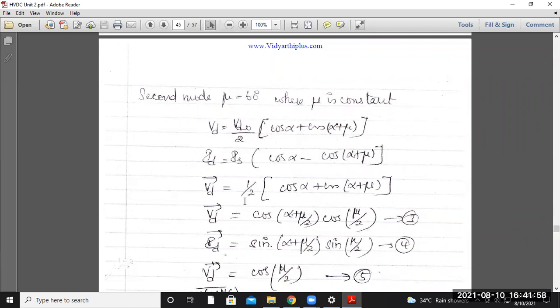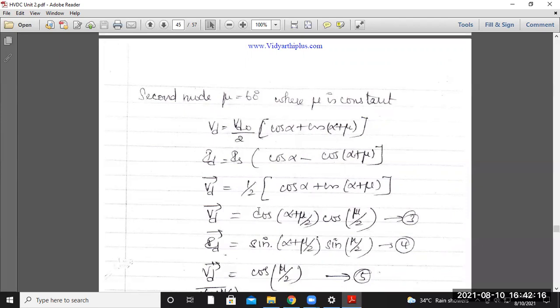That is VD vector equal to half of cos alpha plus cos alpha plus mu. Here, the firing angle is in summation with the cosine angle. So if you solve this equation, you will get VD vector equal to cos alpha plus cos alpha plus mu, and as you know, cos A plus cos B is given by a formula divided by 2.